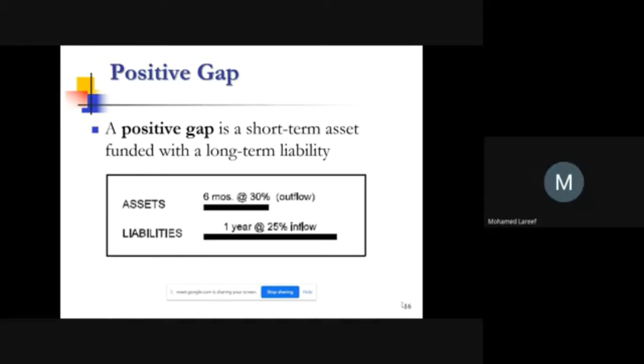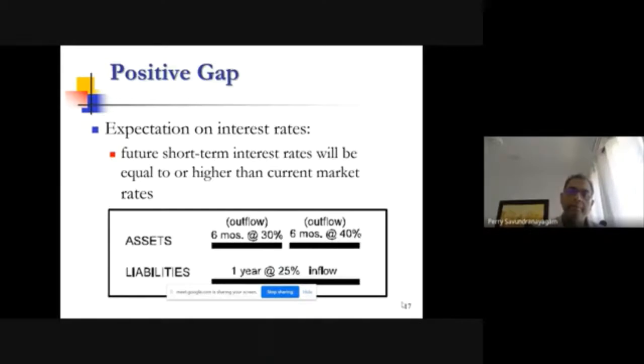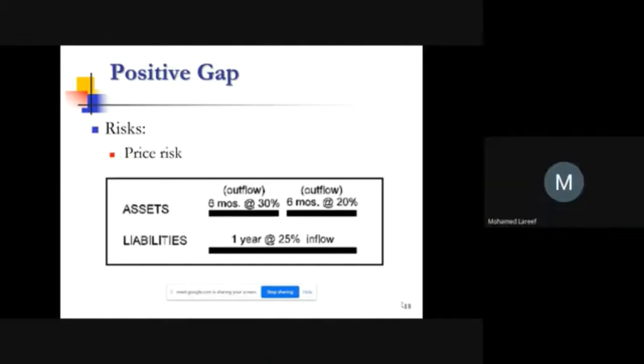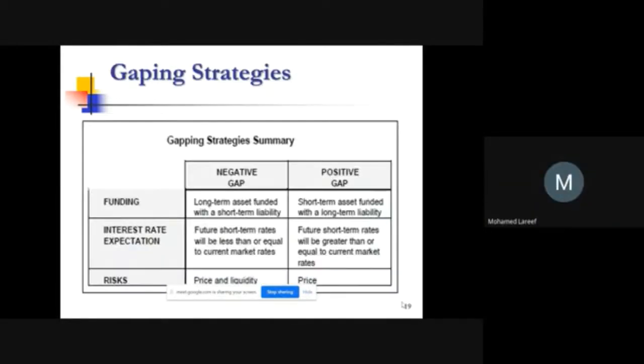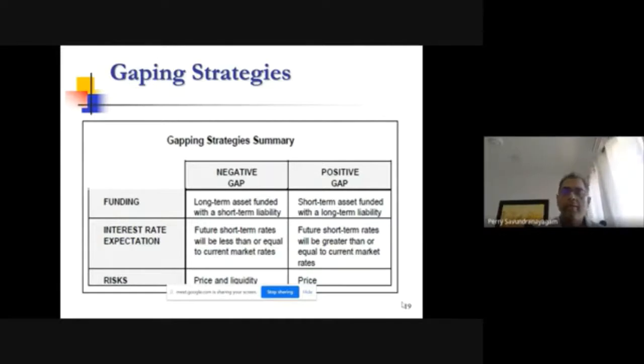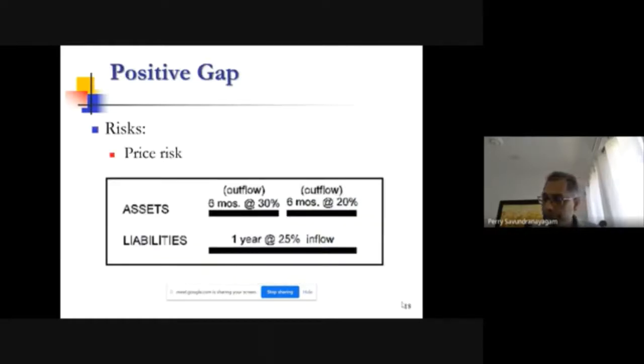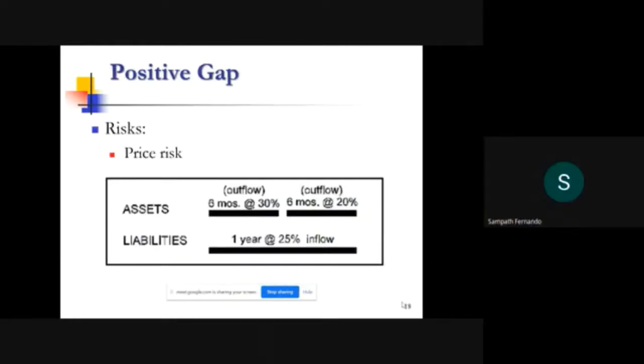So a positive gap is having a situation of longer term liabilities and short term assets. And a negative gap is the other way, longer term assets and short term liabilities. If you are running a negative gap, what is your view? Interest rates will decrease in the future.